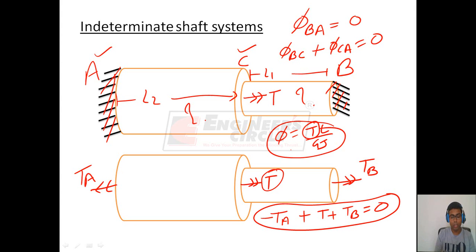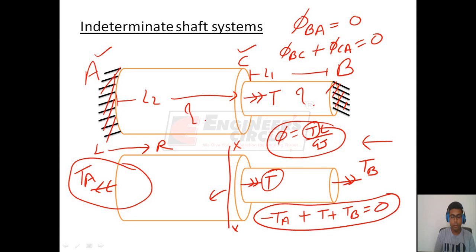To draw the internal torque diagram, we can start either from left to right or from right to left. In this case, I will go from left to right. On this cross section XX, the internal torque is given by the torque acting on the left of the cross section XX, because we are moving from left to right. Since this torque TA is in this direction, we take this as TA.